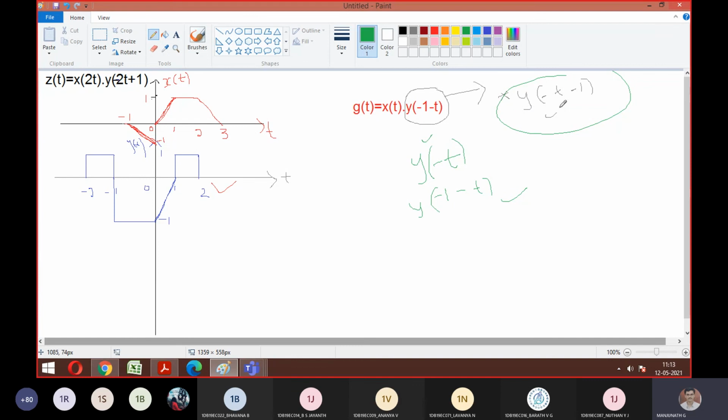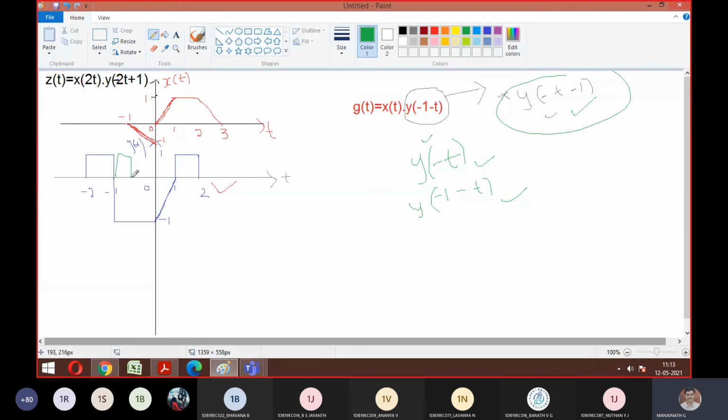So t minus 1. If you do t minus 1, this waveform will come here. It will start like this. I'll just write roughly. It looks like this. Minus 2 to minus 1 will shift to this side. So I'm delaying. This will go to 2 to 3. Is it okay?